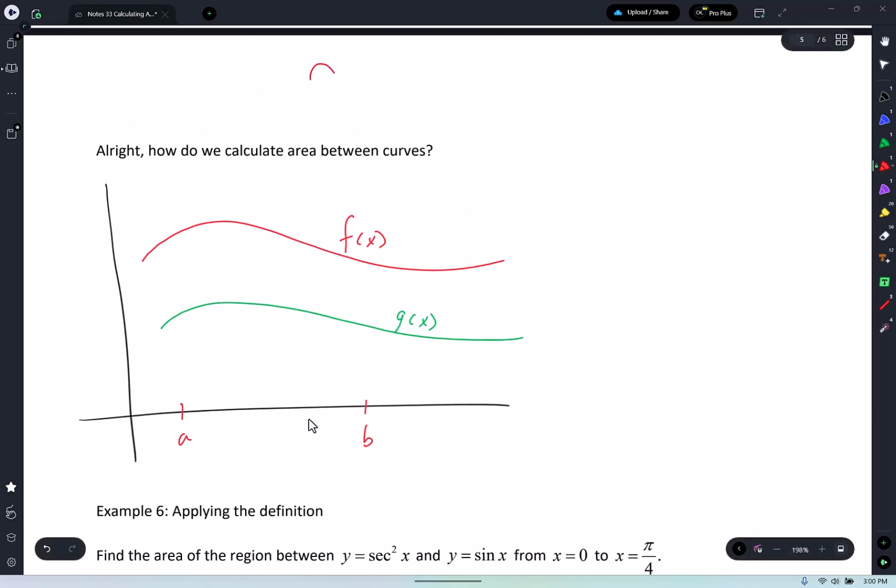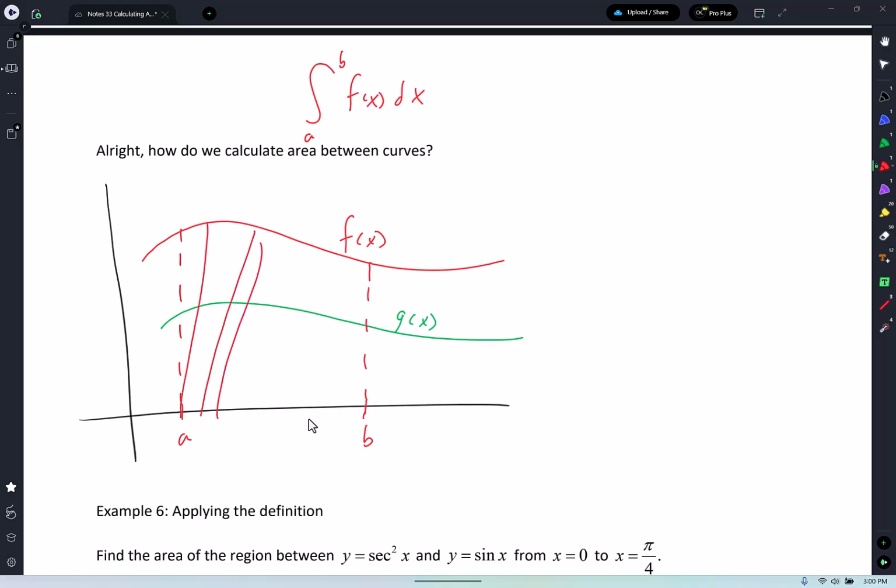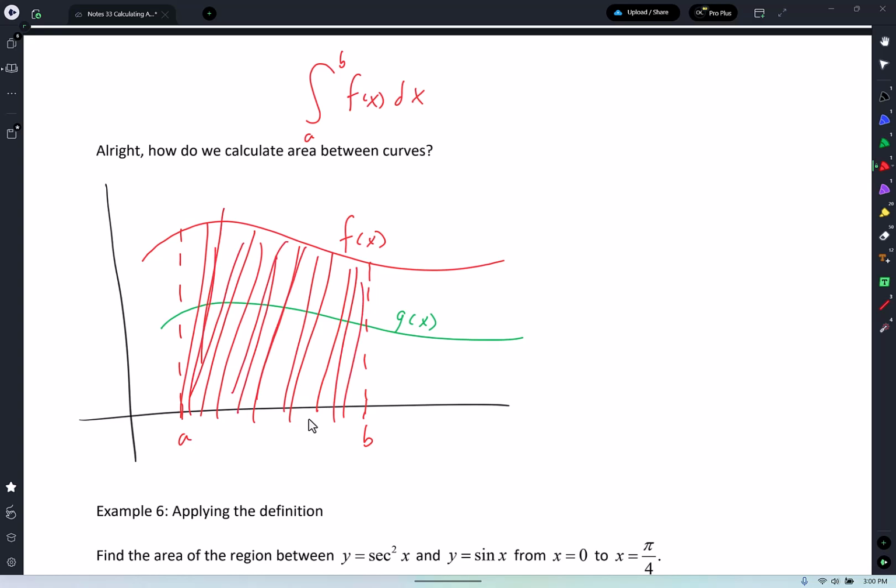I'm going to go integral from A to B of f of x dx. That will give us all this in red. So I'll color code it. And I'm going to go minus, and then in green, I'm going to go integral from A to B of g of x dx.